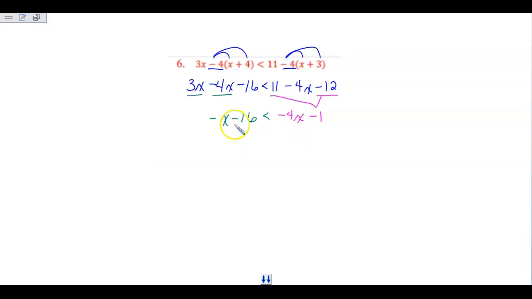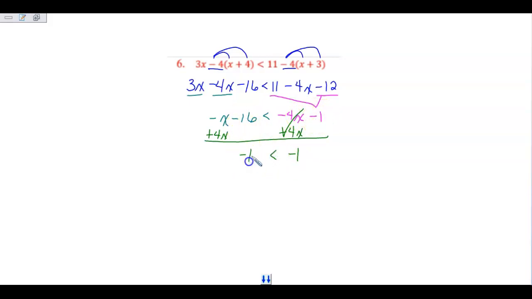Now I have to decide which side I want my variable on. If I add an x to each side, this is still negative. If I add a 4x to each side, this would become a positive. So that's what I'm going to do. I'm going to add 4x to each side. I'm going to bring down my negative 1, because subtracting 1 is 0 minus 1 is negative 1.